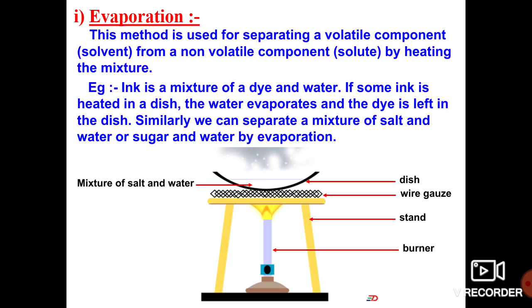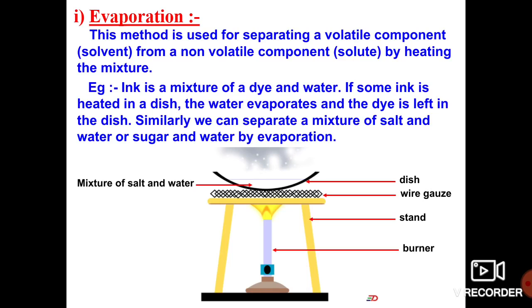So later what will happen? The salts will settle down at the bottom of the pond, and the water evaporates, and finally we get a sufficient amount of salt settled at the bottom of the containers. So like this, the separation of mixtures takes place through the evaporation phenomenon.